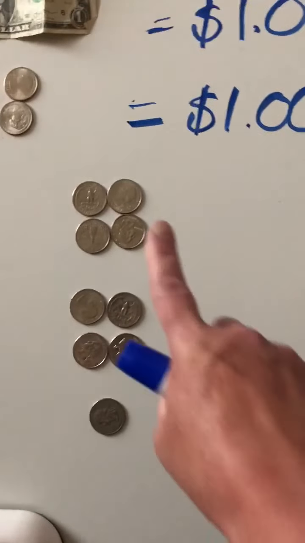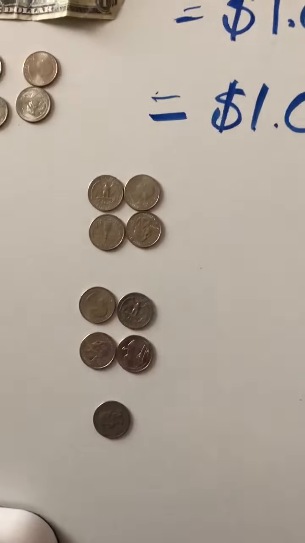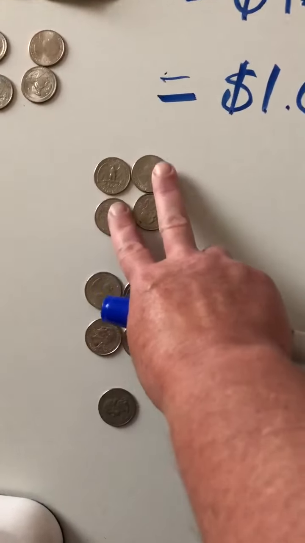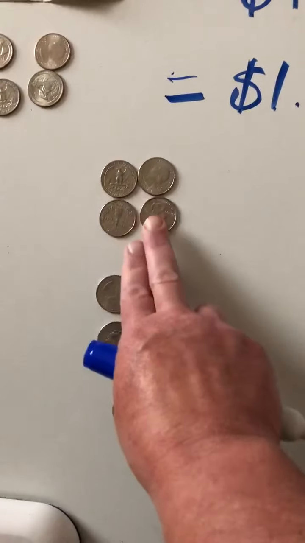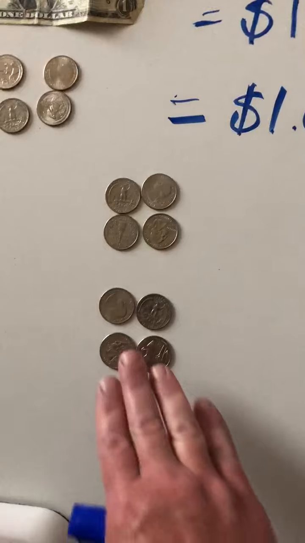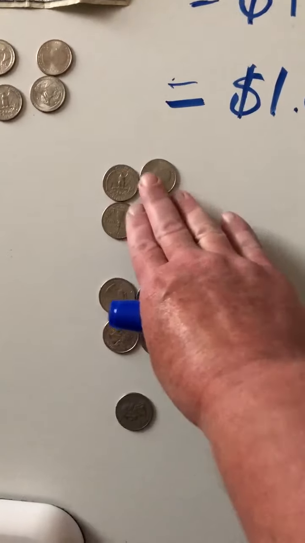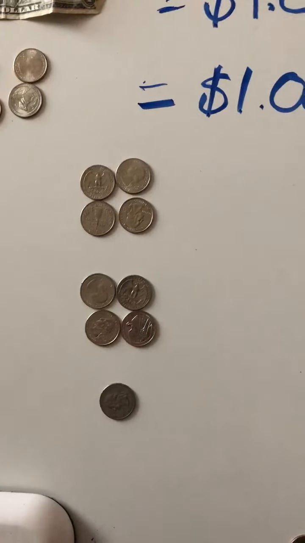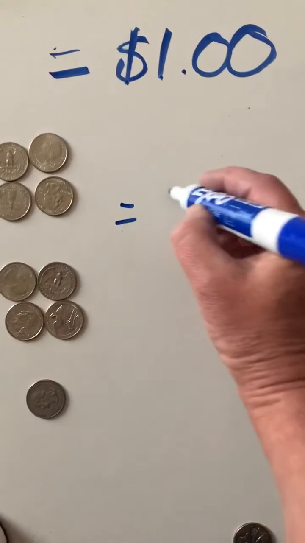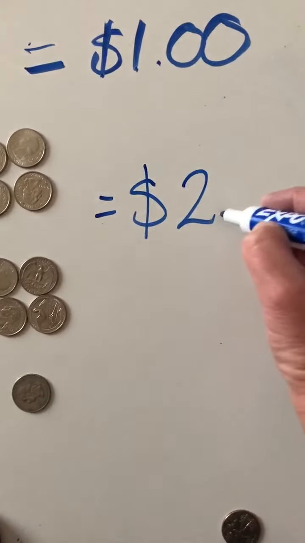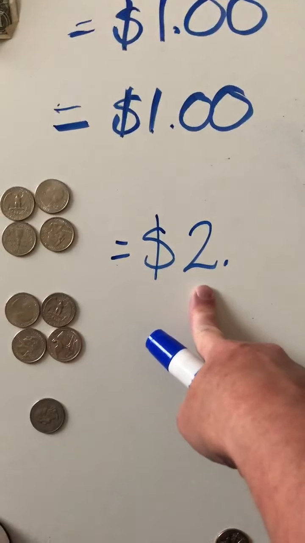Okay, of course, we could count by 25s and add this up, but we can look at it and see 4 quarters. 4 quarters equals $1. And here's another 4 quarters. That also equals $1. How many dollars do we have? We have $2. Okay, that's my ones place. I have $2.